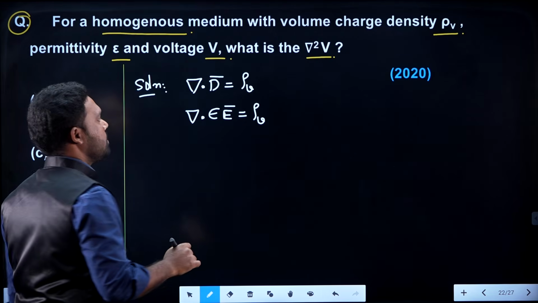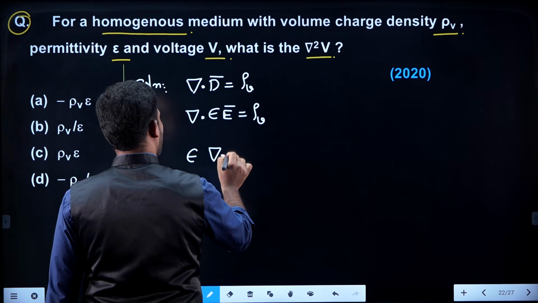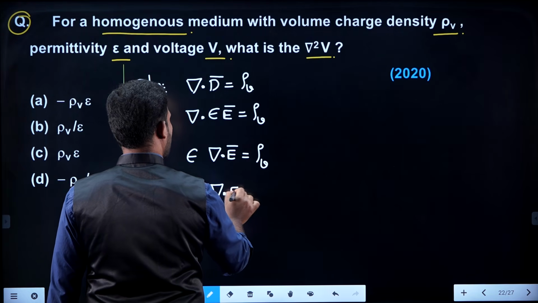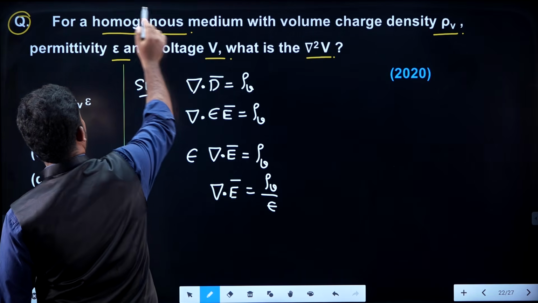He said homogeneous medium. For the homogeneous medium, epsilon is constant. You can bring that one outside. Divergence of E is equal to rho V by epsilon. So, where we are using this word homogeneous?